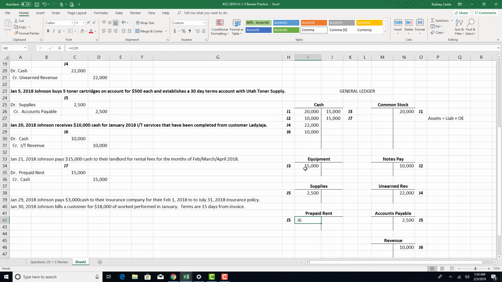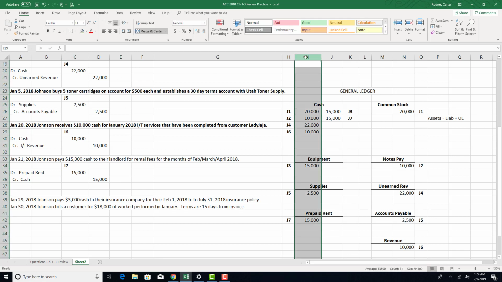On his side, it's unearned rent revenue, which we've had an example of in our examples. I don't want to make this too complicated, but on the landlord side, this is unearned rent revenue. He has not yet earned it because the time has not yet passed in the rental period. So prepaid rent is an asset. We've got $15,000 for J7.